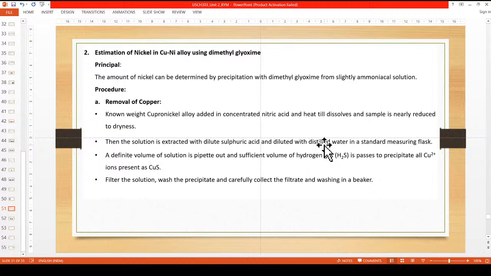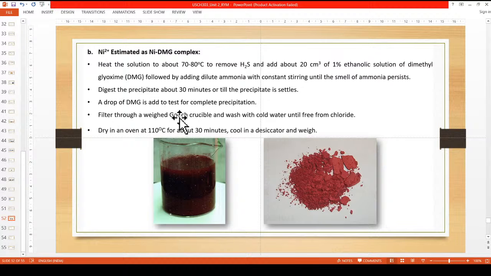Filter clear solution. In clear solution, now nickel will be present in chloride form. So when you are adding dimethyl glyoxime, which is very good precipitating agent for nickel, so add alcoholic solution of dimethyl glyoxime, your nickel will precipitate as scarlet red colored precipitate of nickel DMG.